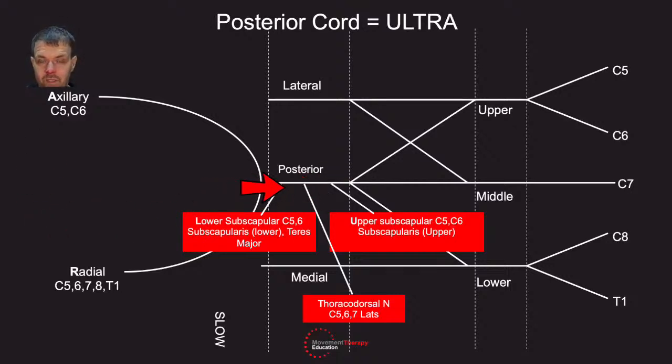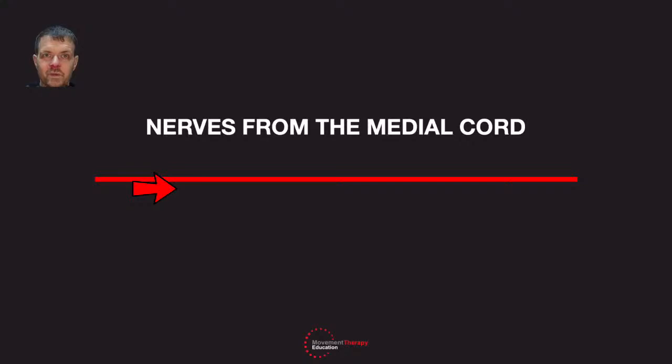So coming off of that posterior cord, you've got upper subscapular, lower subscapular, thoracodorsal, radial, axillary, and that's where your ULTRA comes in. Okay, so hopefully that will help if anybody's doing assessments, doing any kind of exams. And that's the posterior cord. Okay, hopefully all good with that.